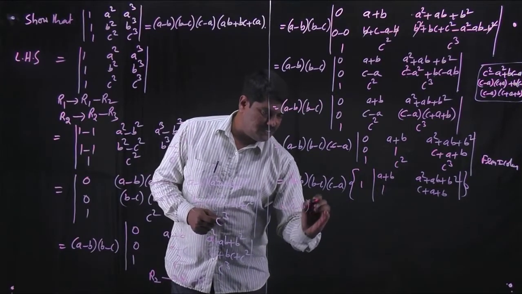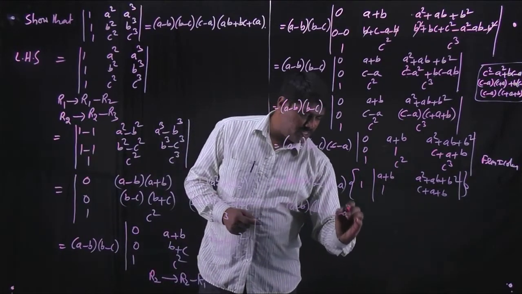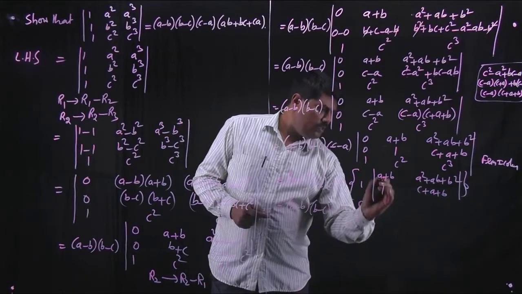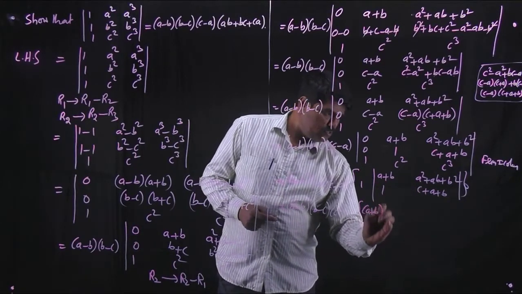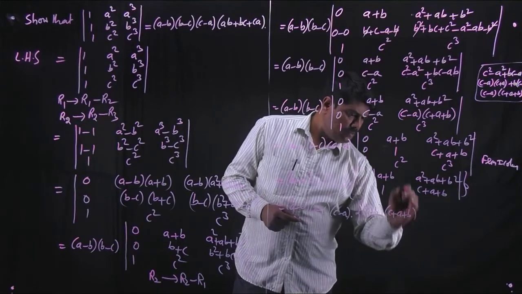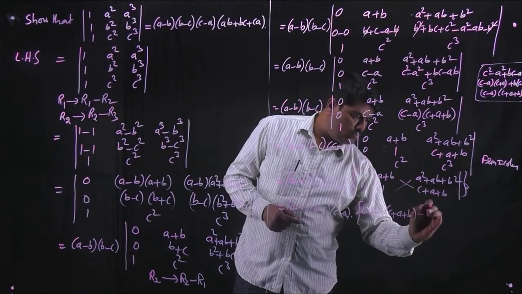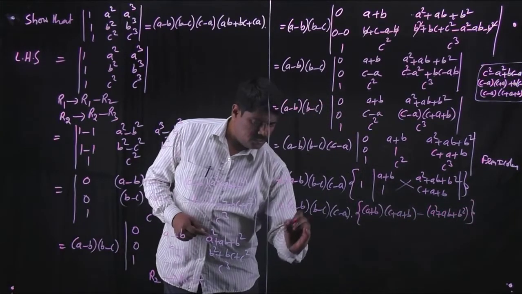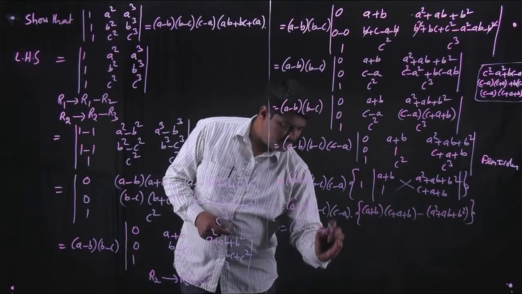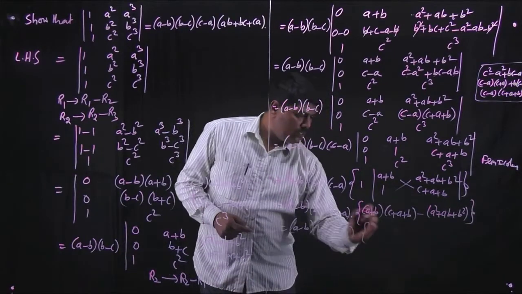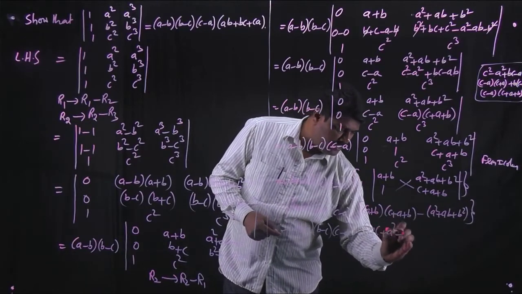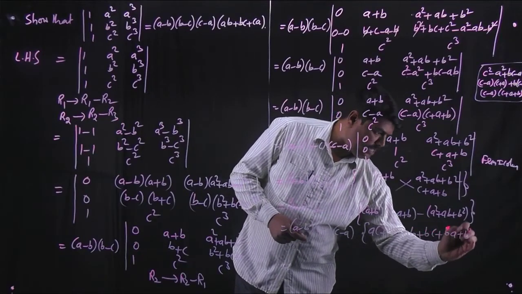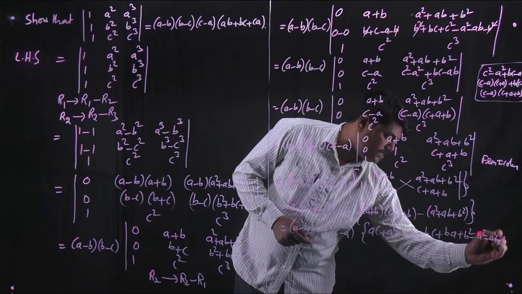Then you will get the answer for the remaining part: A minus B, B minus C, C minus A into, the first multiple remains the same, A plus B into C plus A plus B minus 1 into A square plus AB plus B square. C into A is AC, A into A is A square, A into B is AB, B into C is BC, B into A plus B square, minus A square minus AB minus B square.